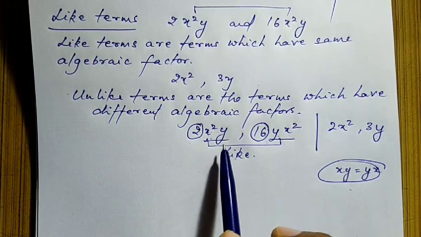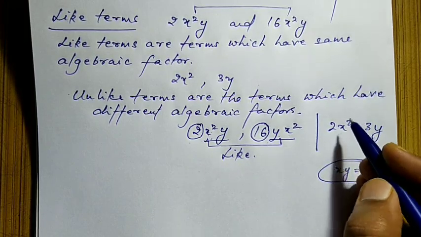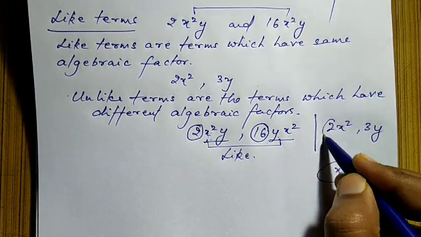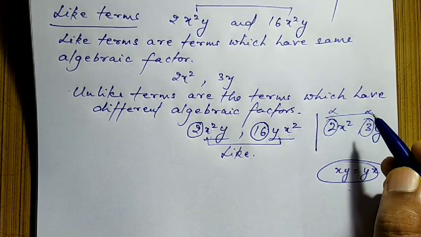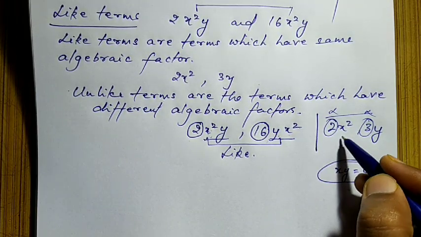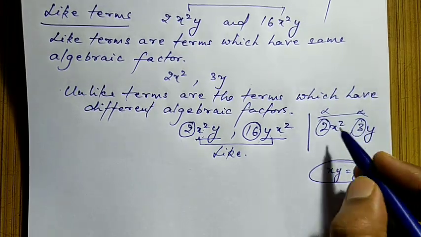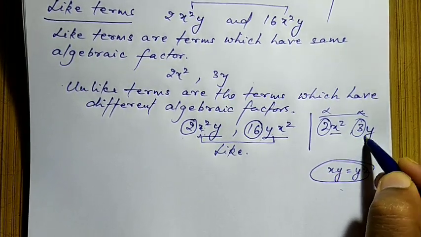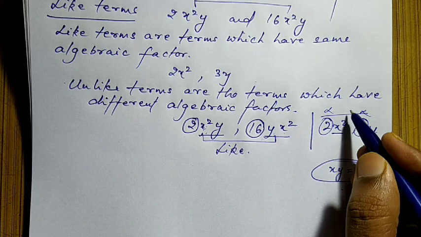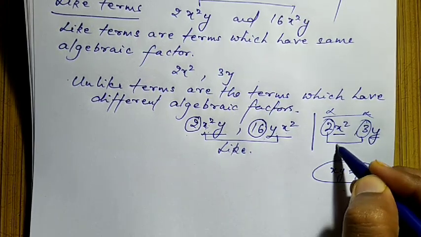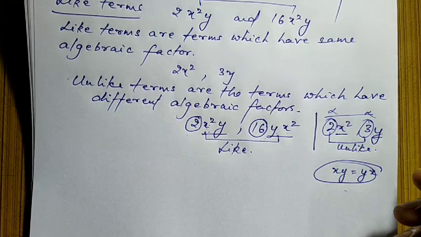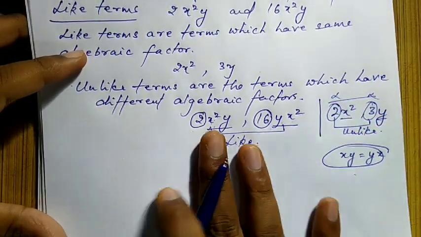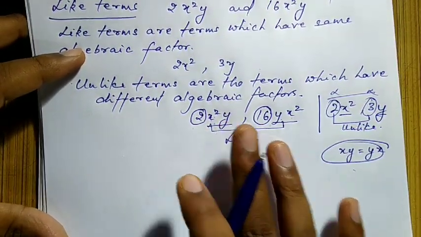Now these are like terms. Okay, repeat again. First, ignore the coefficient. After that we have to see the algebraic part, here x square, here y, so these are different, so these are unlike terms. Okay, so very easy. I will also see it in depth in the exercise.